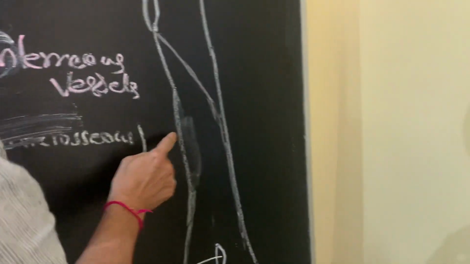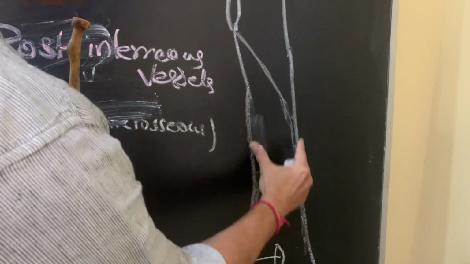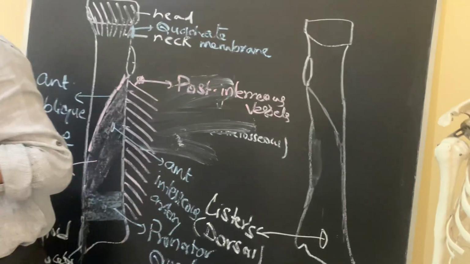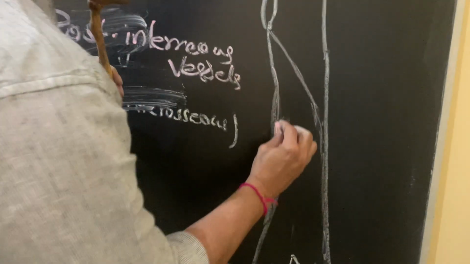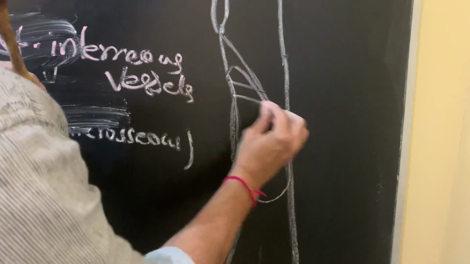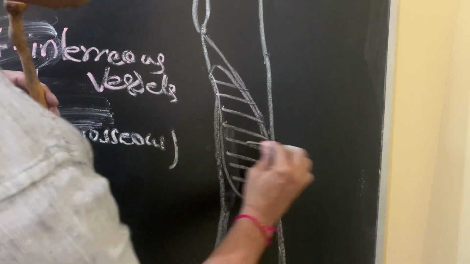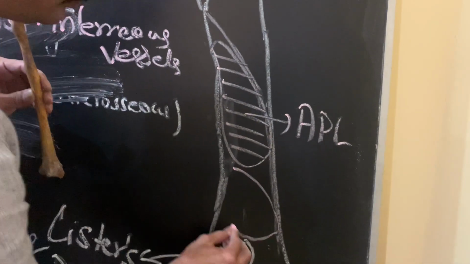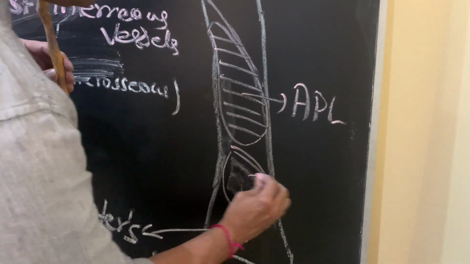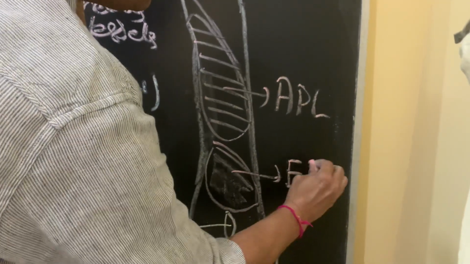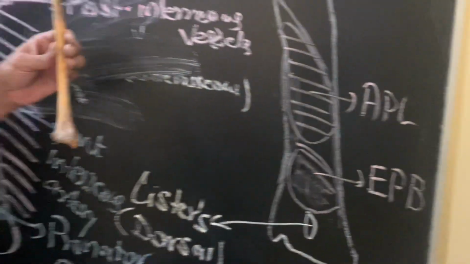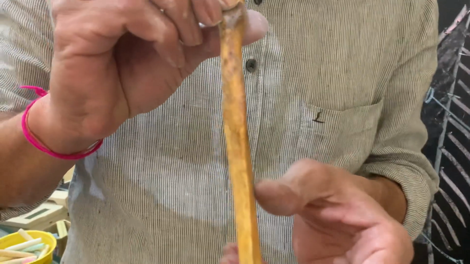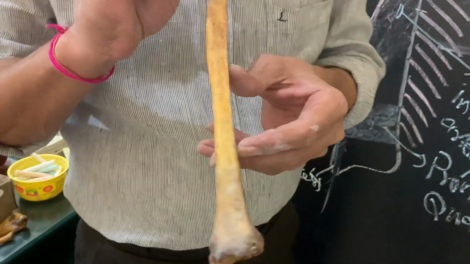This surface gives origin to abductor pollicis longus in its upper part, and extensor pollicis brevis in its lower part.